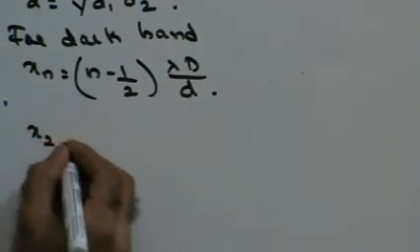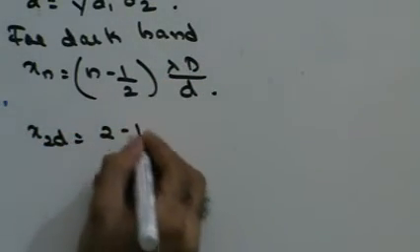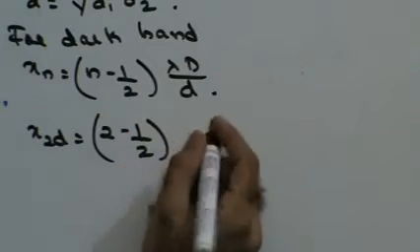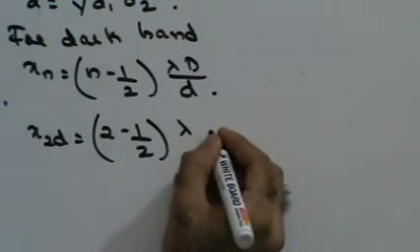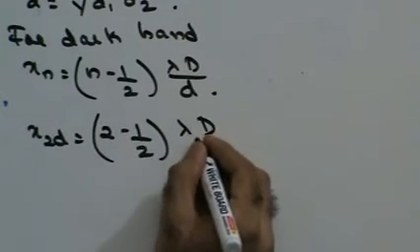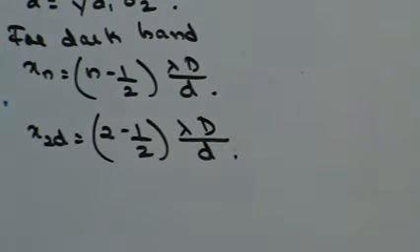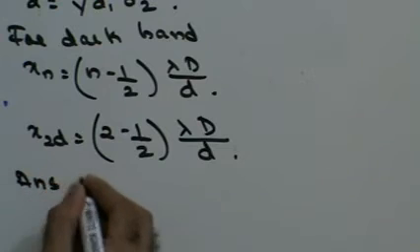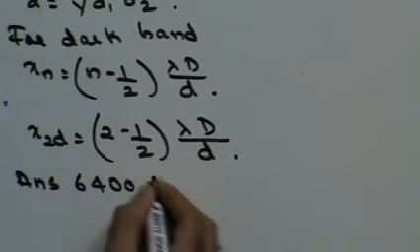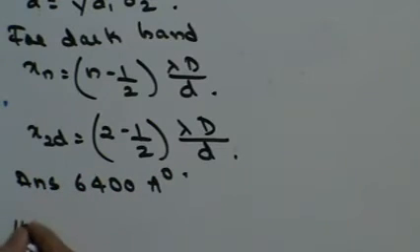So x2 dark, second dark band, will be 2 minus 1 by 2 lambda, we don't know, d by d, d and d we know. So if you substitute here, lambda is the only unknown, you should get the value of lambda. The answer for this sum should be 6400 Angstrom units. Next, take on next one please.